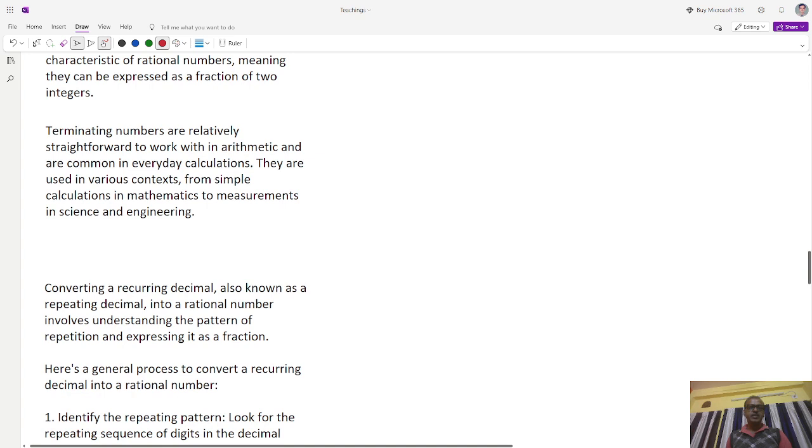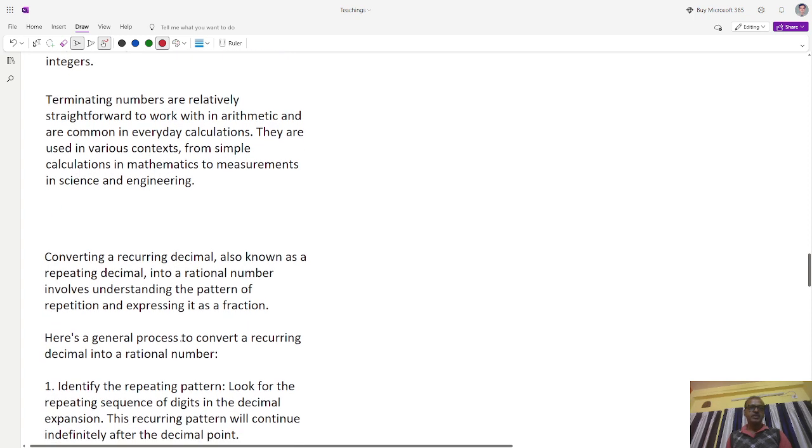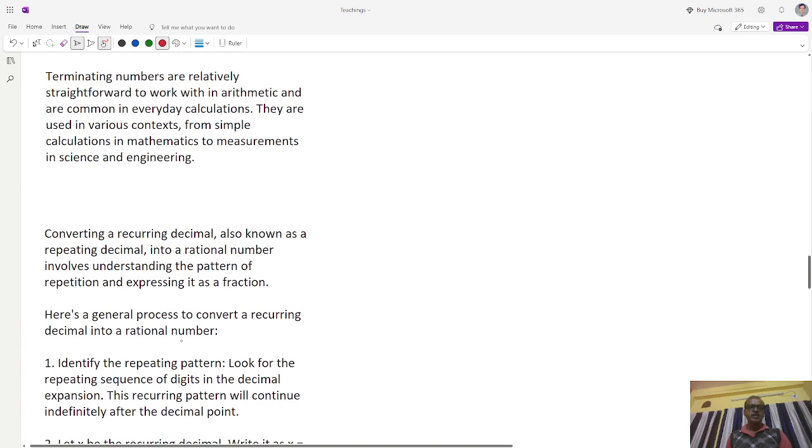Converting a recurring decimal, also known as a repeating decimal, into a rational number involves understanding the pattern of repetition and expressing it as a fraction.